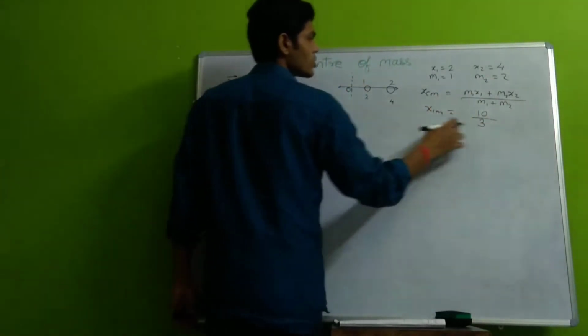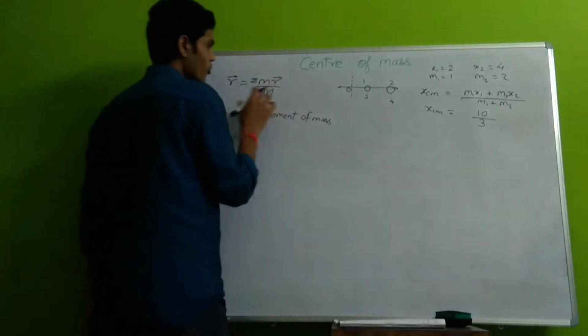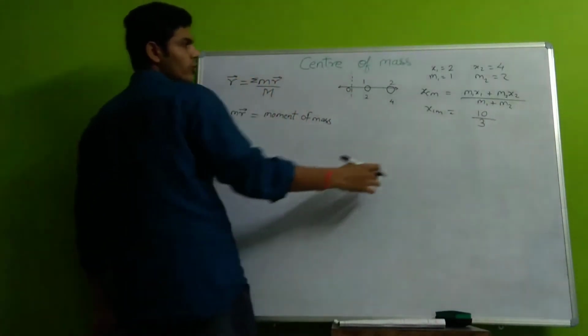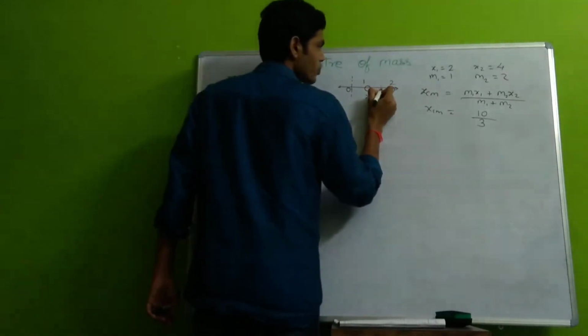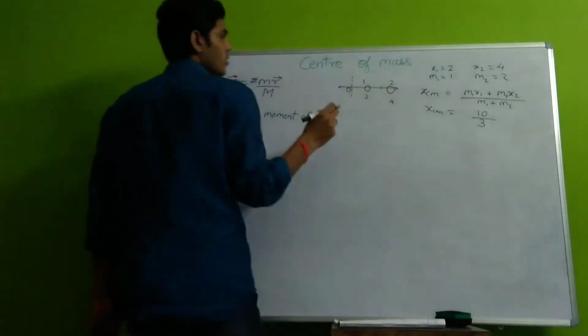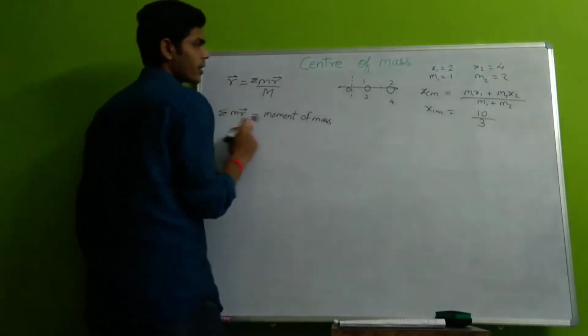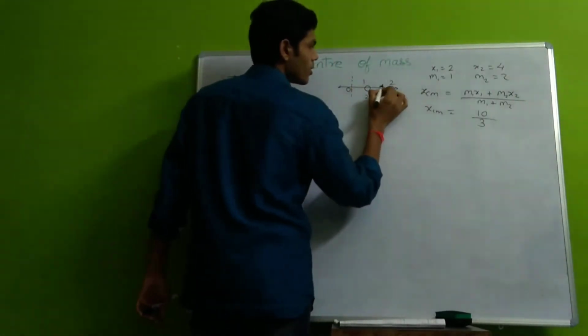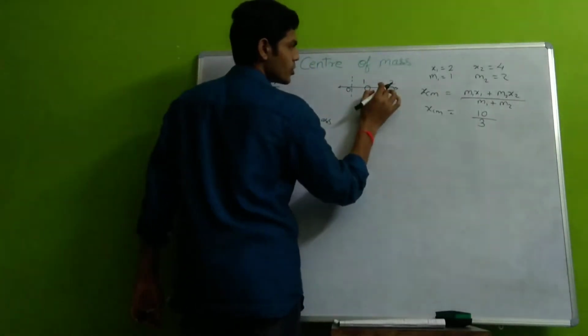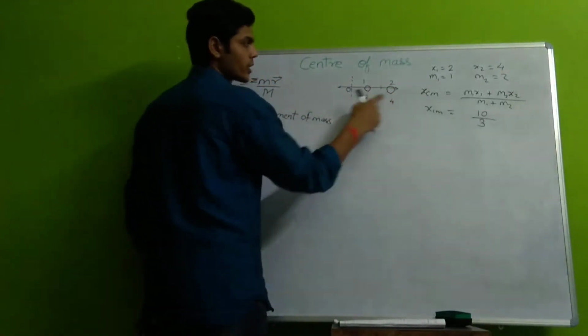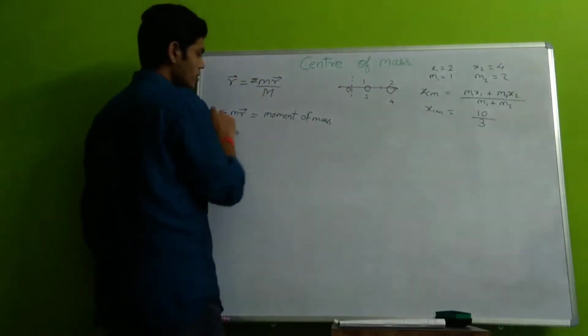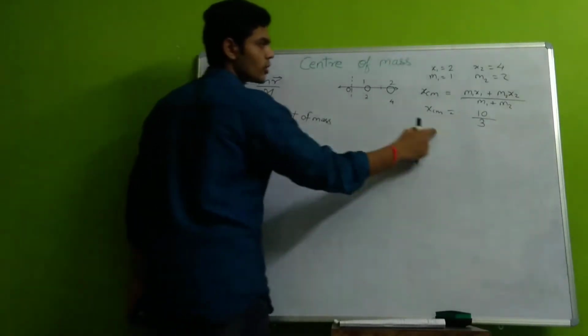So this is the location of center of mass. This is how we find center of mass. This point, 10 by 3, will be somewhere here. About this point, if we take the distance of an object from this point and multiply it by the mass of that object, the sum of all these moments of mass will be equal to 0.